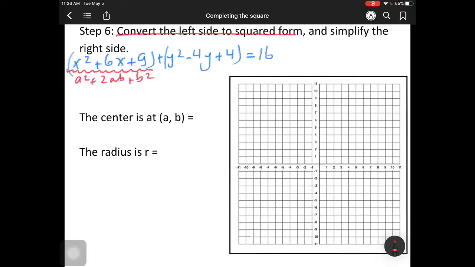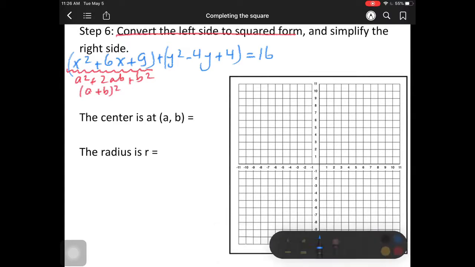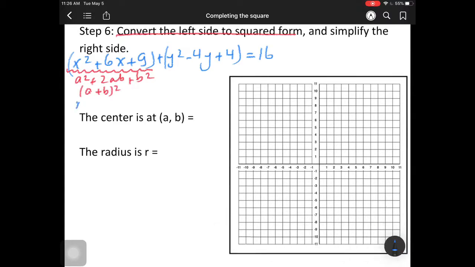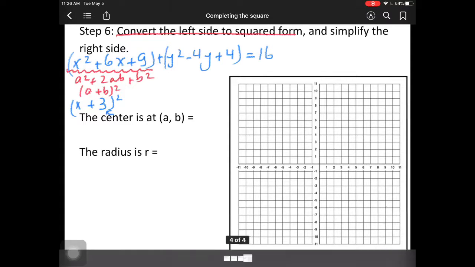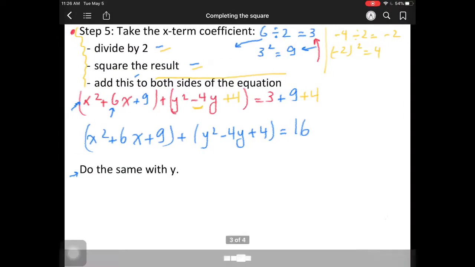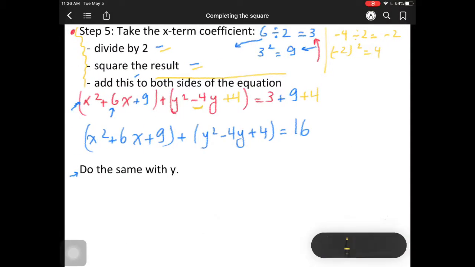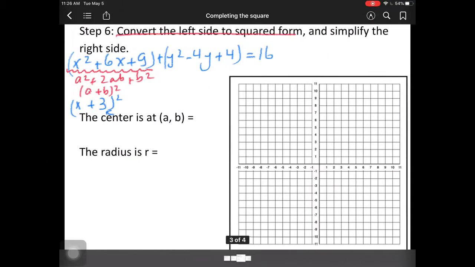We're looking for writing this in the form of (a plus b) squared, and in our case here, this is (x plus 3) squared. And I remind you, we got the 3 from here. This is where we got the 3 from. And when we do it for y, we're going to get the minus 2. Now you're going to see that.